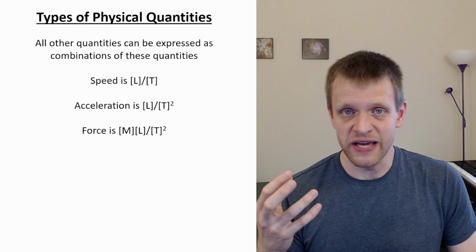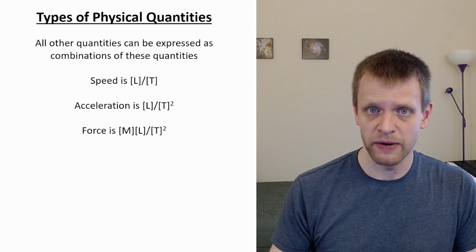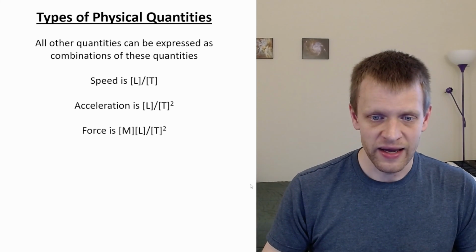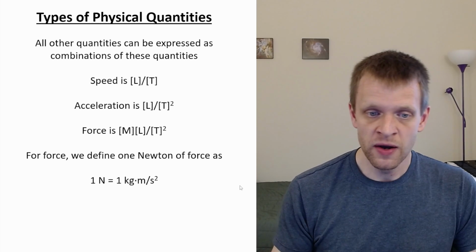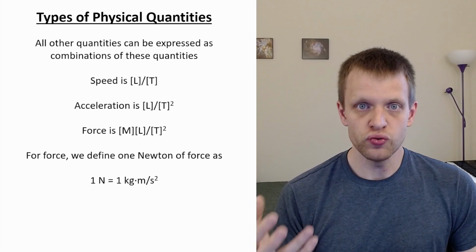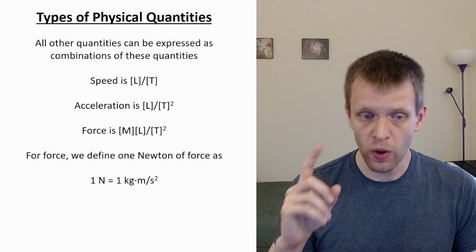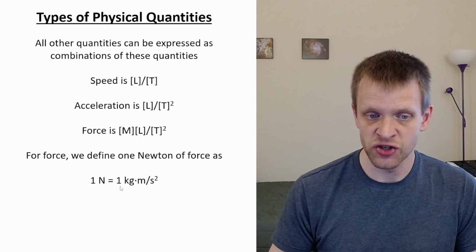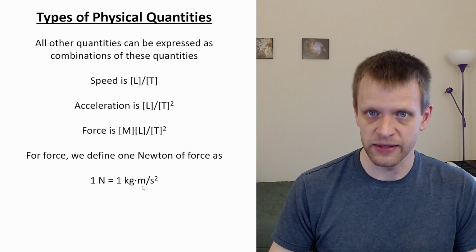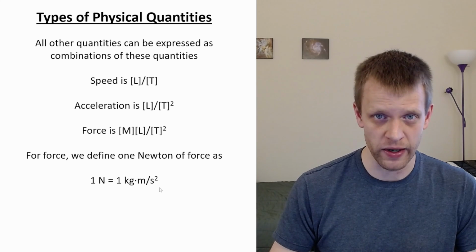Force, well, that's going to be a mass times a length divided by a time squared. And for force specifically, we actually come up with a new definition, what we call a Newton of force. And 1 Newton of force is defined as 1 kilogram times a meter divided by a second squared. Okay.